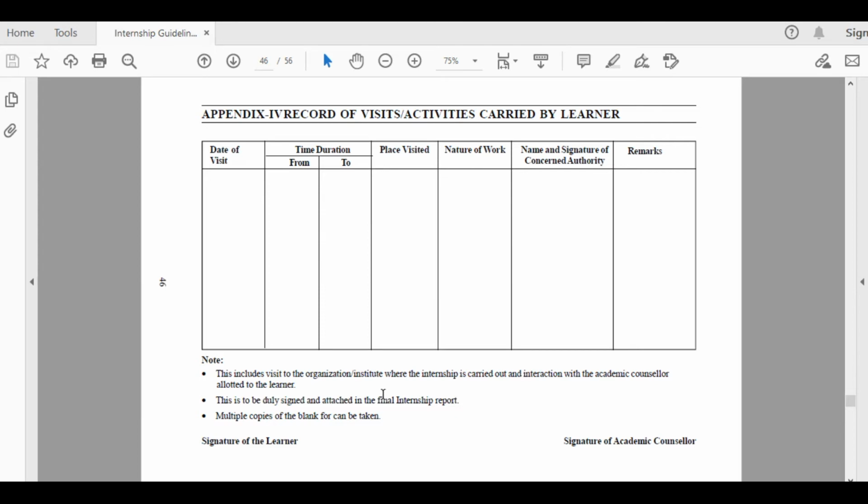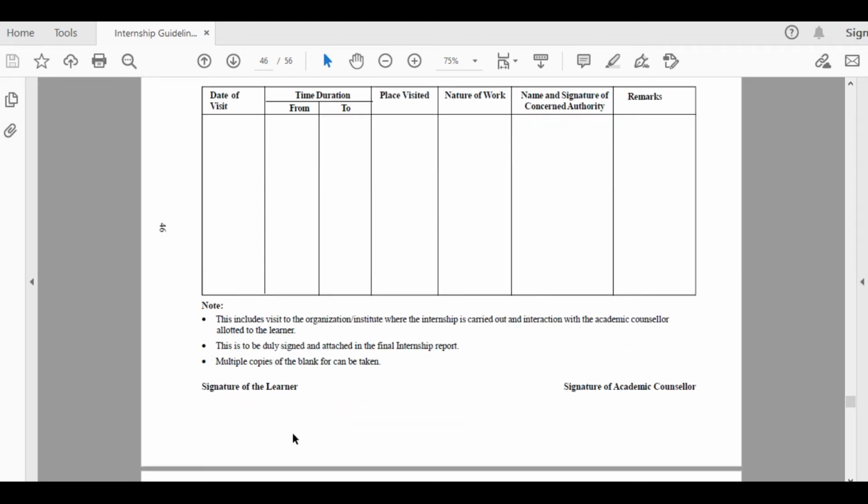You can write down when you visited, what date, whom you met, what the nature of the work was, and you can take the signature of the concerned authority or your internship guide. Multiple copies can be attached. You can take a printout, multiple copies, and attach them. It should be duly signed and attached in the internship report. The academic counselor's and our signature is required.